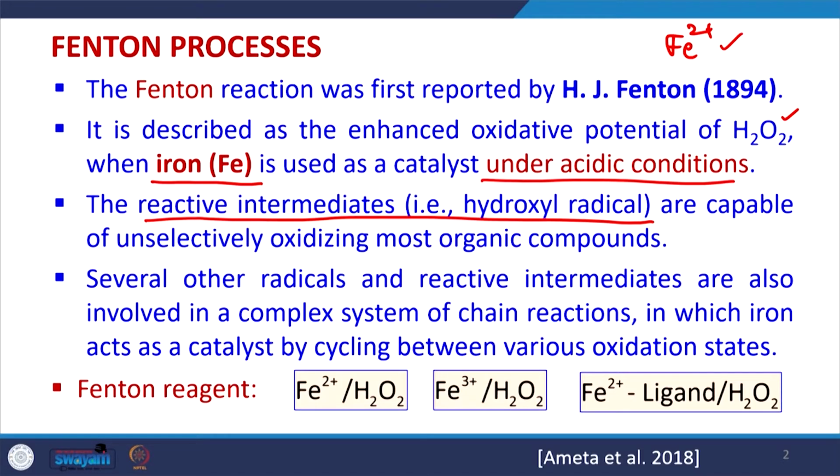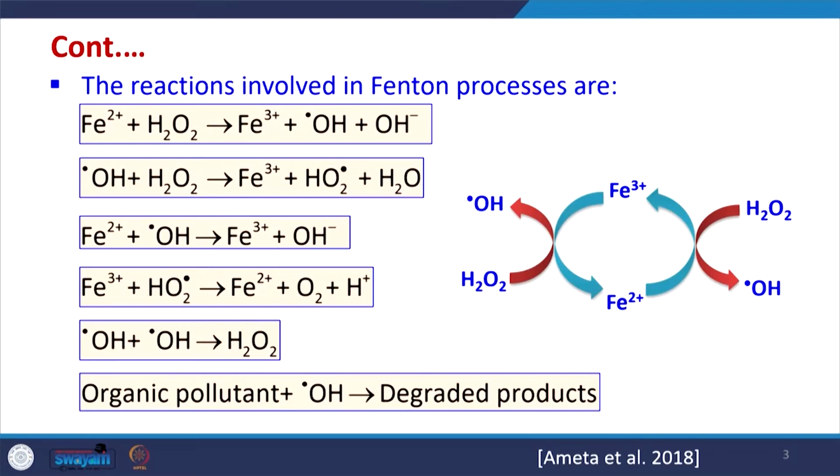So, the Fenton reagents are Fe2+ with H2O2, Fe3+ with H2O2, or Fe2+ with some ligand and H2O2. This is called Fenton reagent, and it is used for the treatment of water. There are different reactions involved in the Fenton processes, and these reactions are given here.